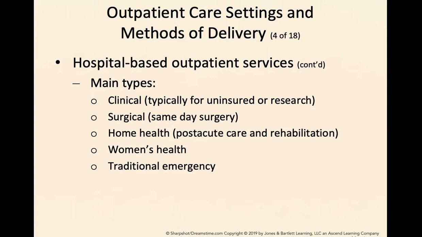Another thing that hospitals have done is that they have started operating their own home health agencies. They mainly provide post-acute care and rehabilitation therapies for those patients that have been discharged from being an inpatient, or somebody who received inpatient services in the hospital.